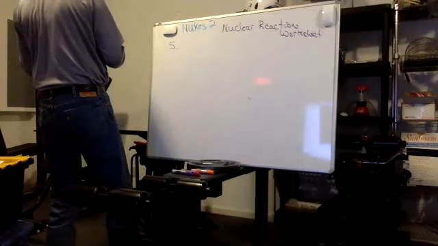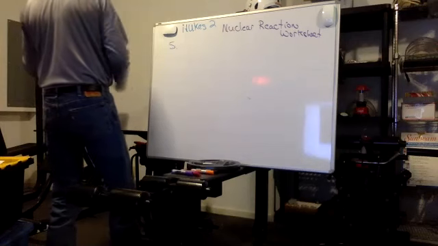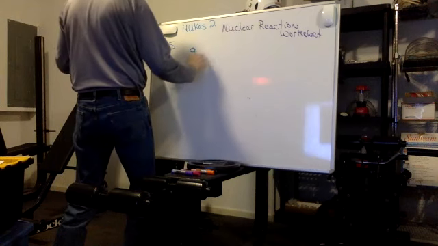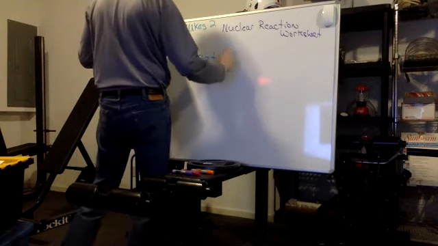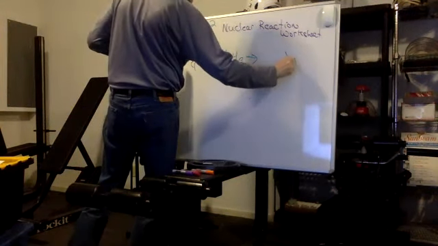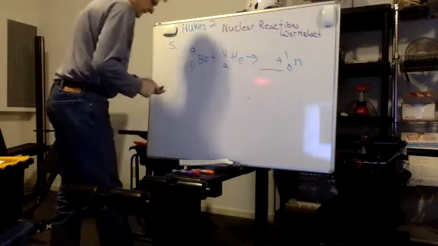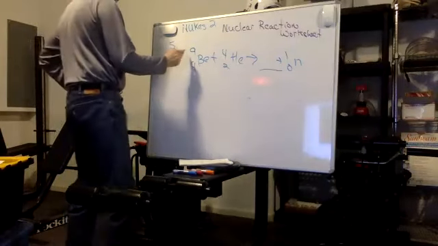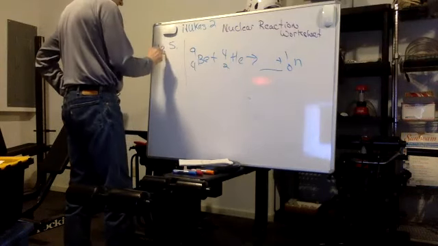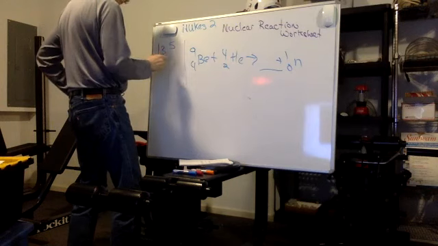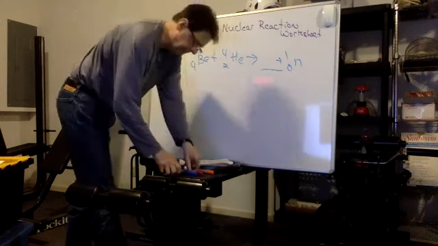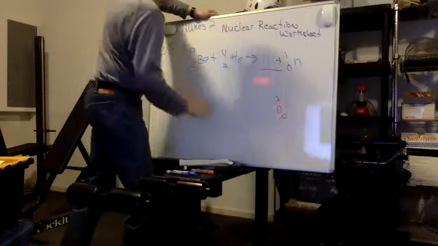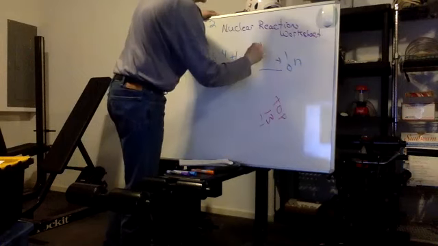Let's see, number 5. That looks like an 11. Oh, it's a 9. 9, 4 beryllium plus 4, 2 He, goes to blank plus a neutron. Okay, so let's see here. 9 and 4 is 13 on top. And on the bottom, we're going to have 6. So we bring that top over first. 13 less 1, it's going to be 12 on top.